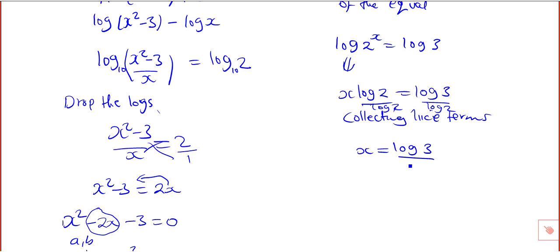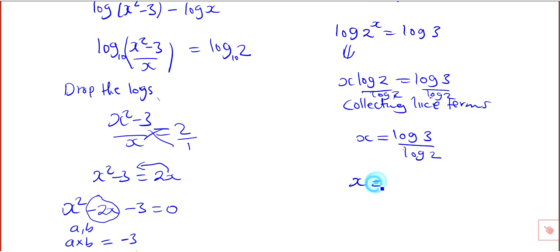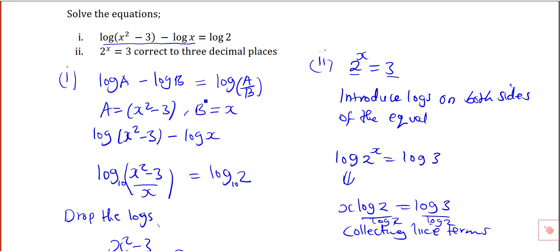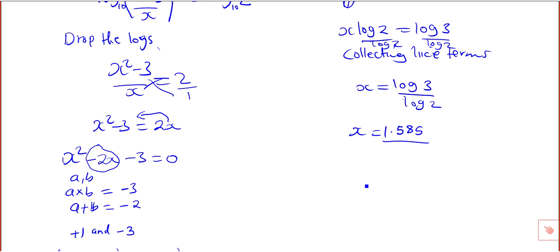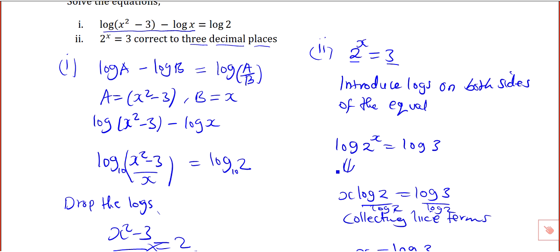So we shall have log 3 divided by log 2, and from here, from my calculator, x is equal to 1.585, and this is to 3 decimal places, according to the question, correct to 3 decimal places. So the value of x is approximately 1.585. This is how you go about solving such questions.